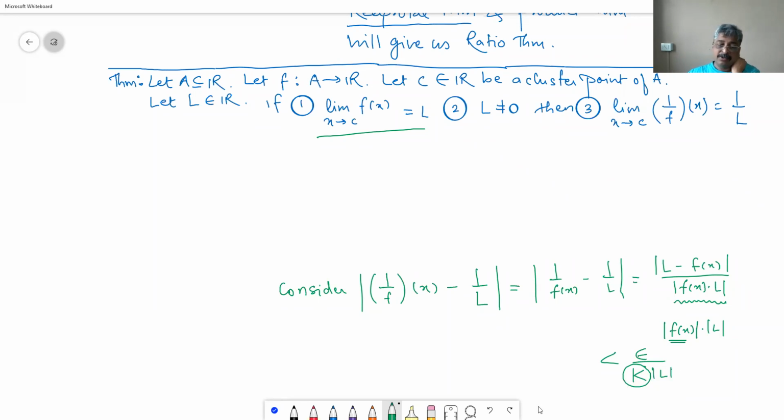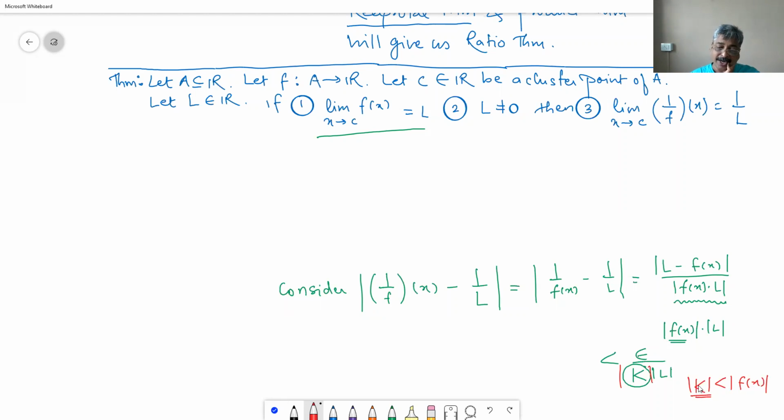What do we need here? So what is the requirement? K should be first positive, so let us write this as mod k. Mod k should be less than mod f of x. That is what we are required to find out. Can we find a constant which is less than the absolute value of f of x?